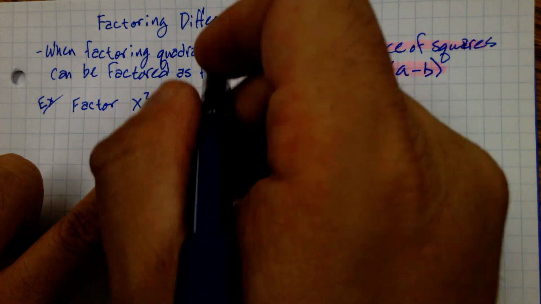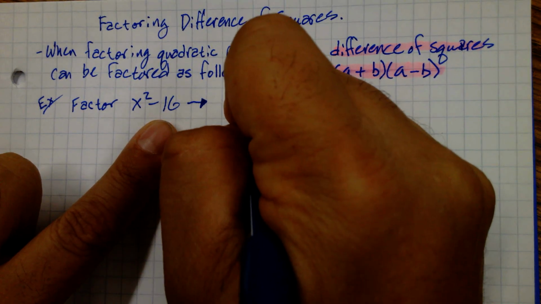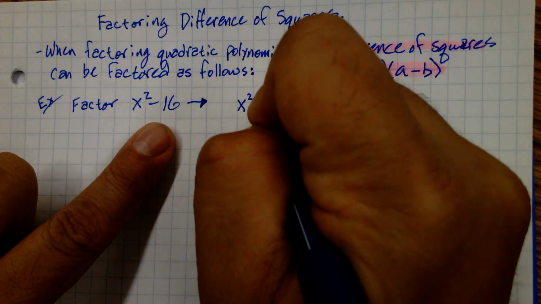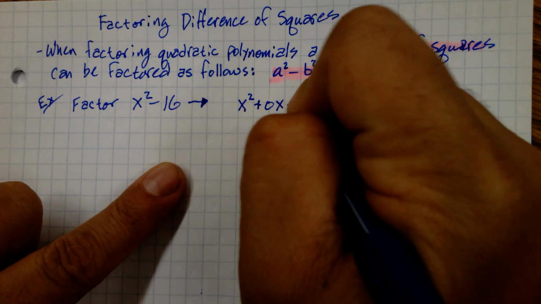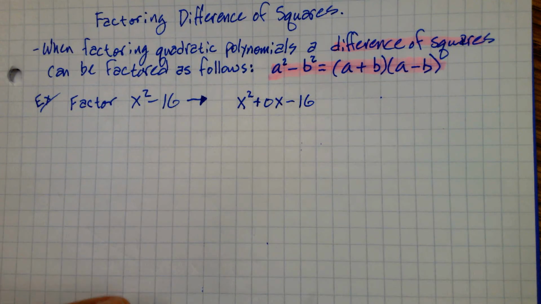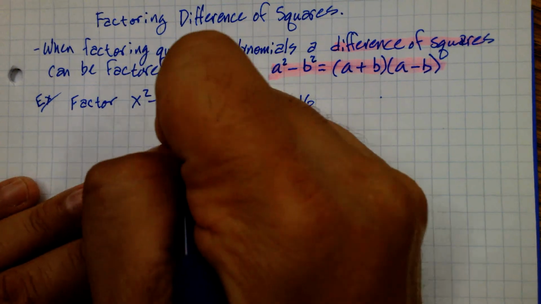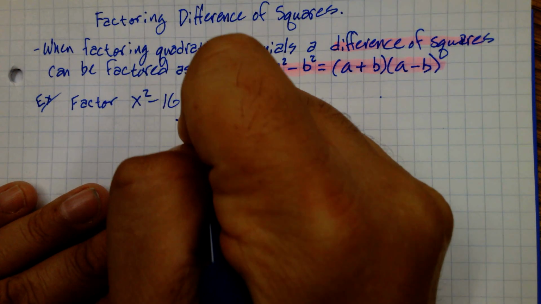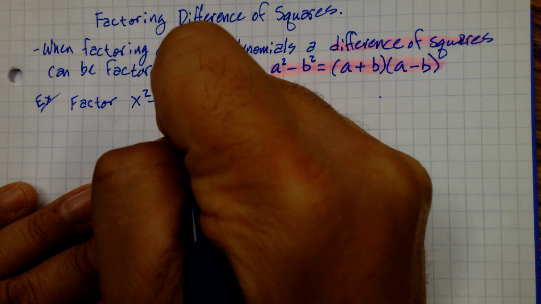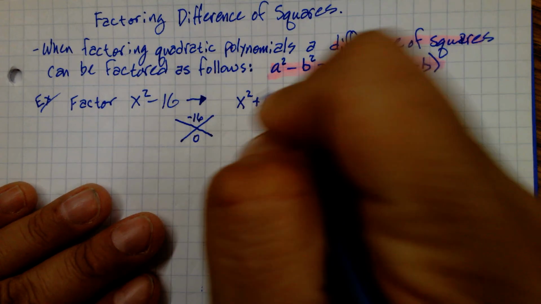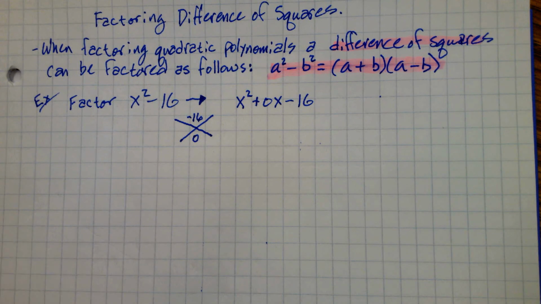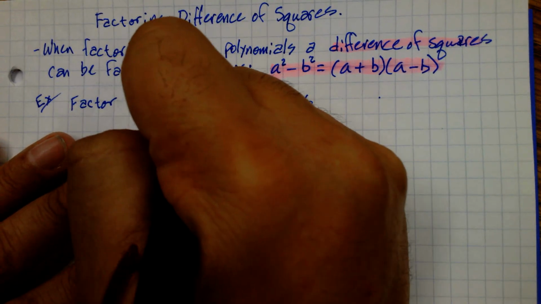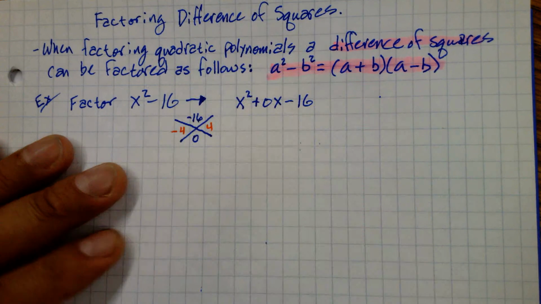Remember how we fixed that? I would say plus 0x, then minus 16. So this converts into that. We can do a quick x problem with negative 16 and 0. We're going to get negative 4, positive 4.